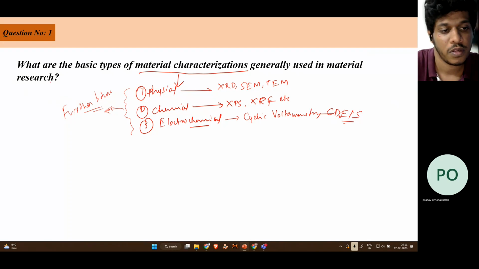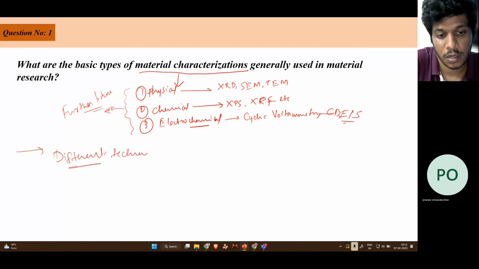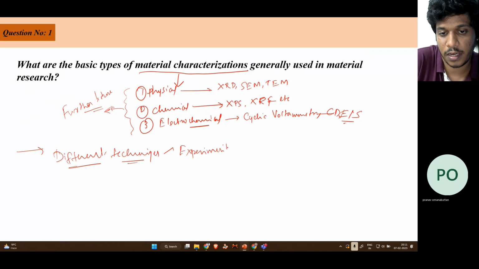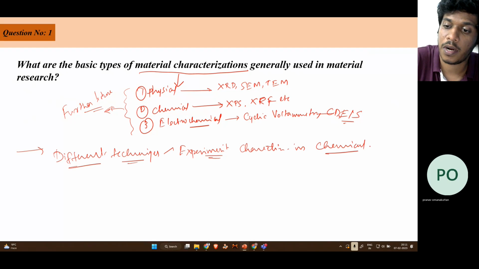In this course we will learn about different experimental techniques that are used for characterization in materials and chemical engineering, but these have huge applications in material science, physics, chemistry, and basic engineering.